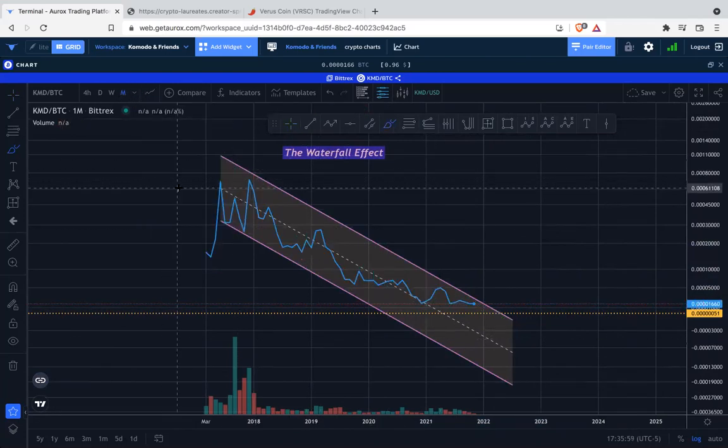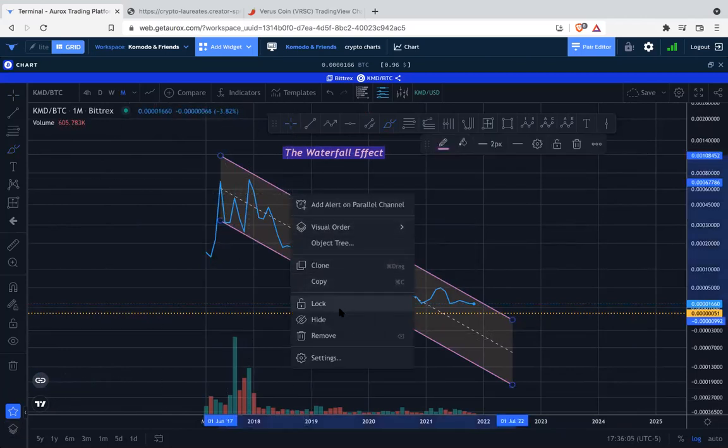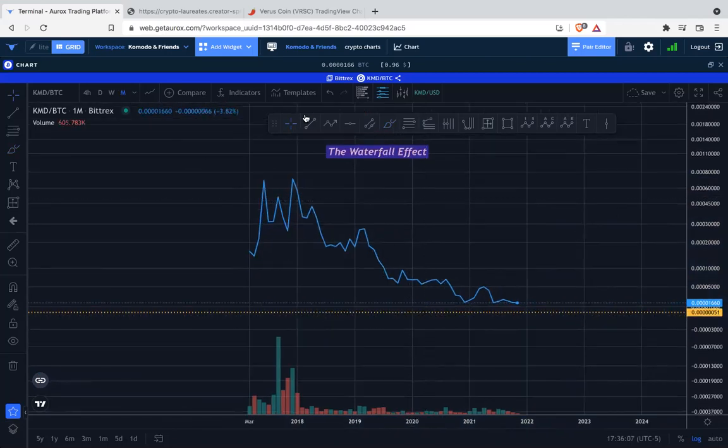On a closing price basis, we can use trendline touch points. So this is what ends up being quite interesting.